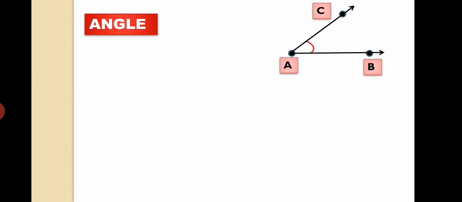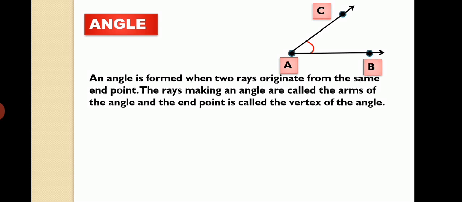Let's see what is an angle. Here you can see students, two lines AB and AC are making an angle CAB. An angle is formed when two rays originate from the same end point.